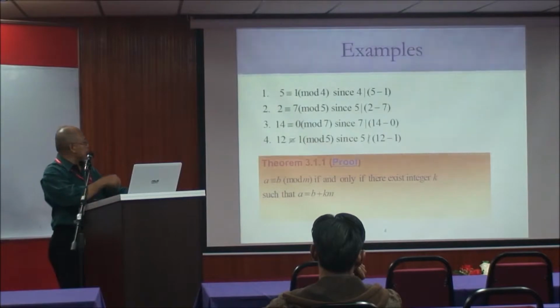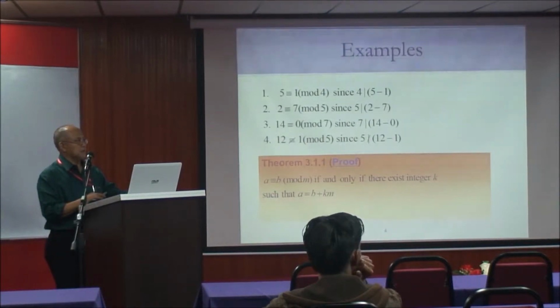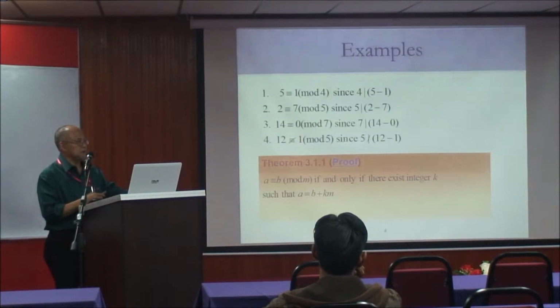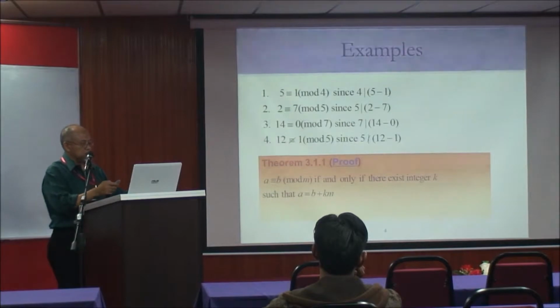If you rearrange the equation, bringing B to the right hand side, we have A minus B equal to kM, which implies, according to the definition, that M divides A minus B. So A is definitely congruent to B mod M. The proof is very simple, since we are just using the definition.